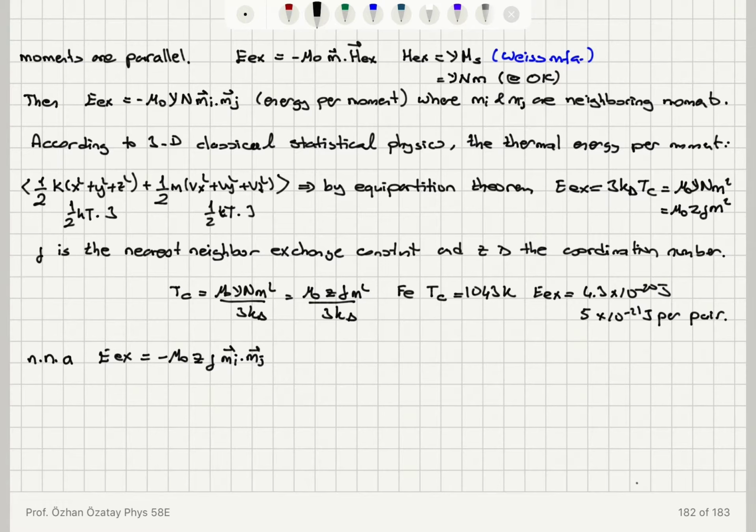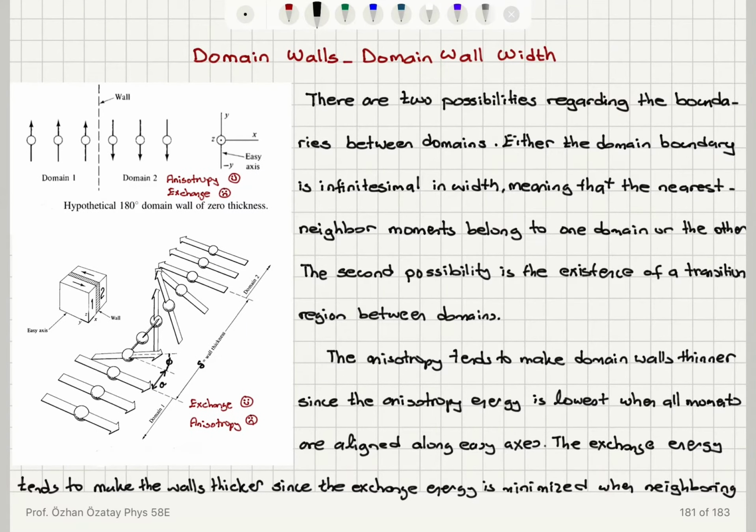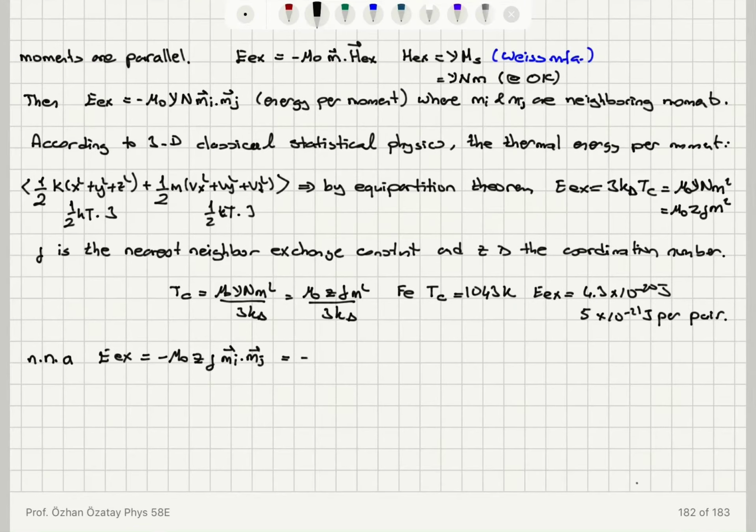There are z of them for this moment, and this is going to be equal to, if I call the angle between the moments phi, minus mu 0 z j m squared cosine phi. And for small angle variation, for small phi, cosine phi can be written as 1 minus phi squared over 2 using our Taylor series expansion.